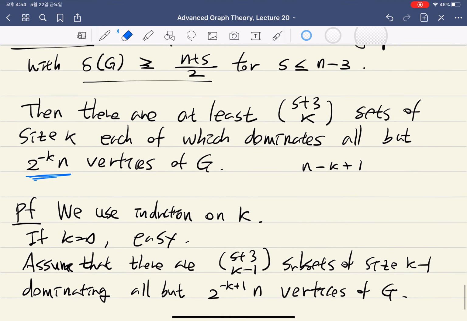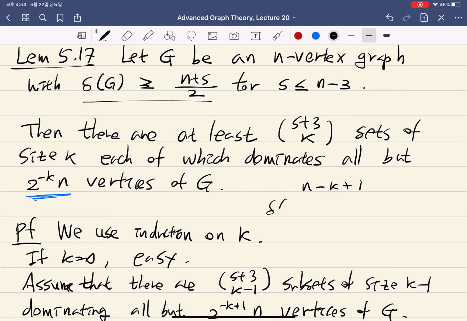And then the minimum degree in G minus Y is at least half times n plus s minus k plus 1, which is at least half times n minus k plus 1 plus half times s minus k plus 1.